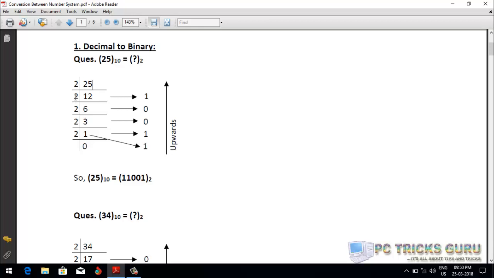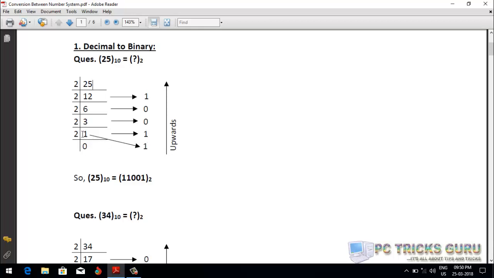Now again divide 12 by 2 and you get 6 as quotient and 0 as remainder. Now divide 6 by 2 and we get 3 as quotient and 0 as remainder. And if we divide 3 by 2, we get 1 as the quotient and 1 as the remainder.